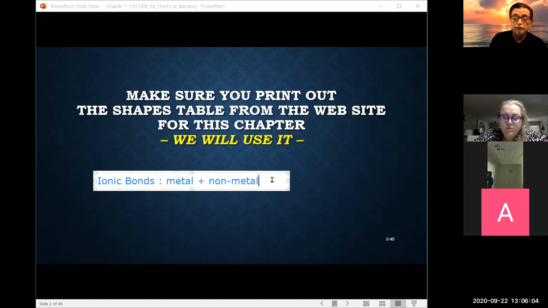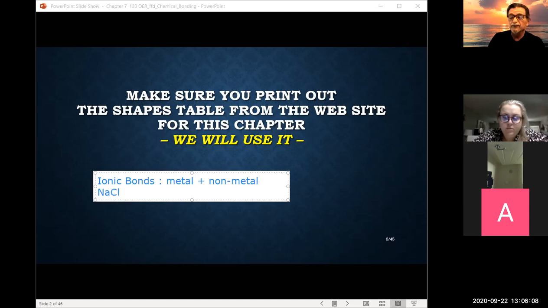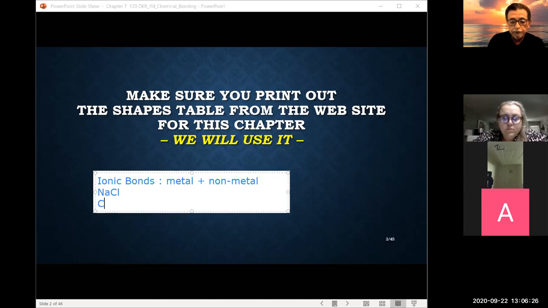For example, what we put on our French fries, good old-fashioned sodium chloride. Sodium, as you well know, is a metal. Chloride is a nonmetal. Now, when you get a combination of a metal and a nonmetal, the bond between them is called an ionic bond. The other one is called covalent. We'll have more to say about this in a little bit.